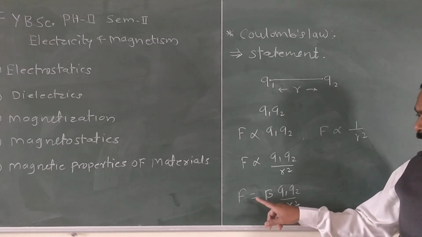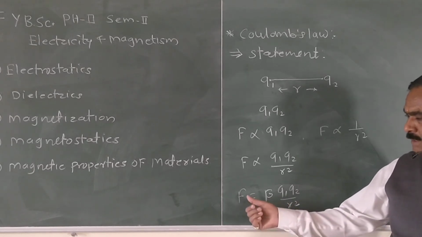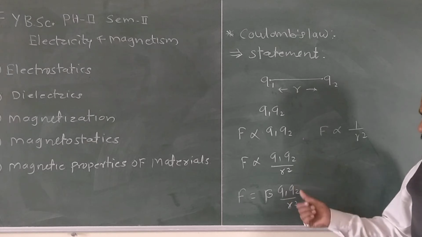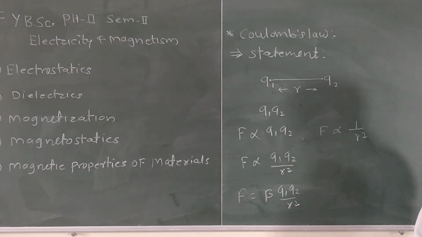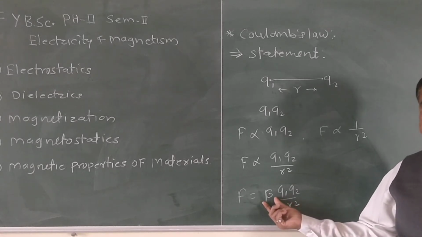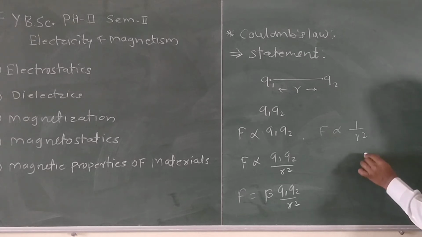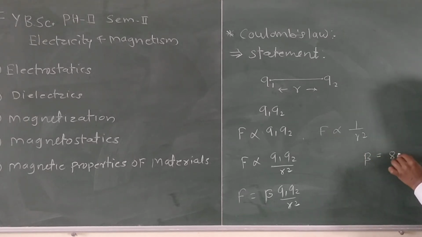So we write the force of attraction or repulsion between these two charges at rest as F equal to beta Q1 Q2 upon r square. Now this beta, the constant of proportionality, has the value beta equal to 8.85 into 10 raised to minus 12 Coulomb square per Newton meter square.